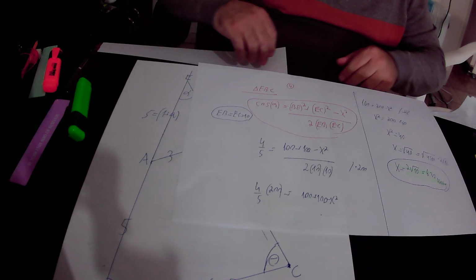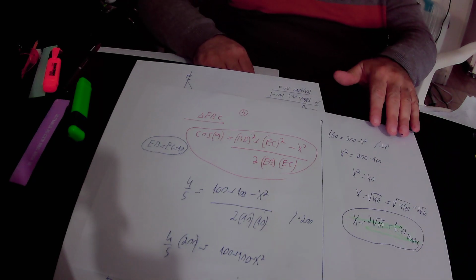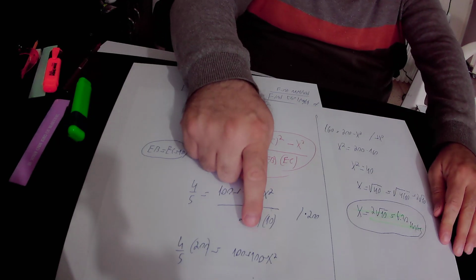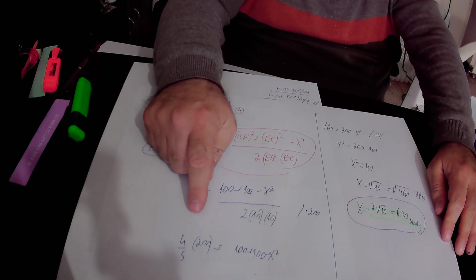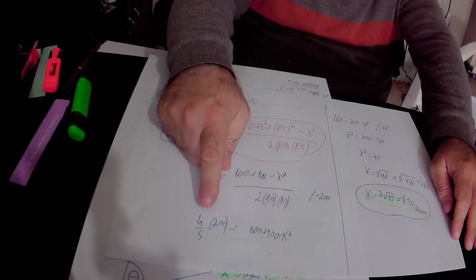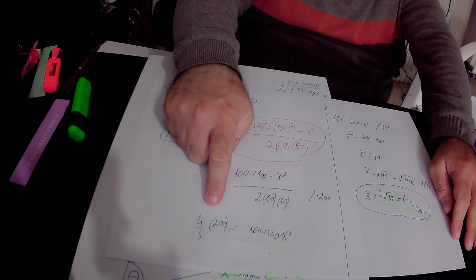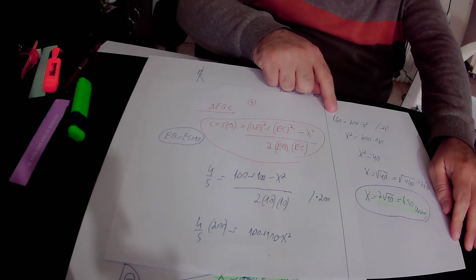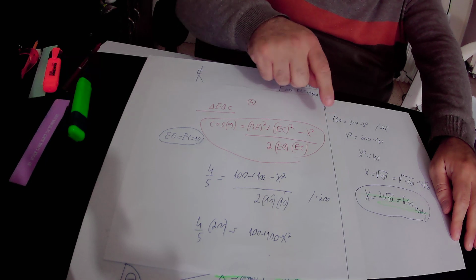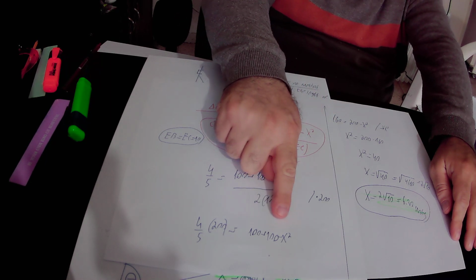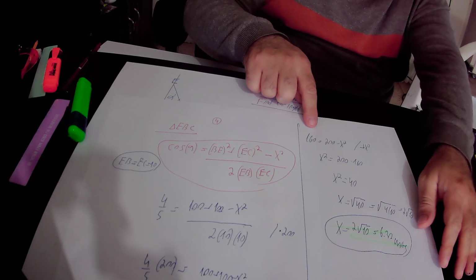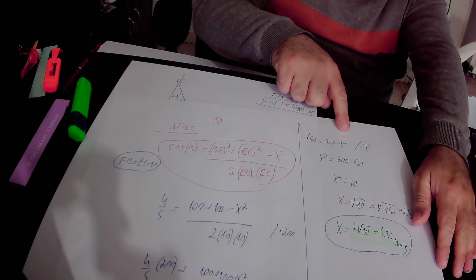According to this equation, 200 over 5 is 40, and 40 times 4 is 160. So on this side of the equation we have 160, and on this side we have 200 minus x squared. So in conclusion, 160 equals 200 minus x squared.